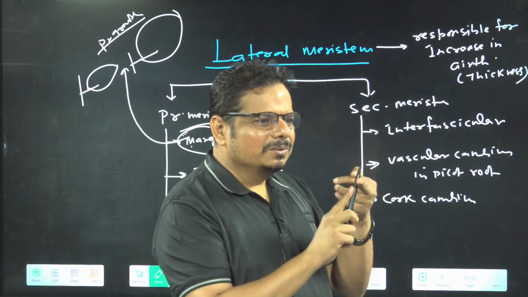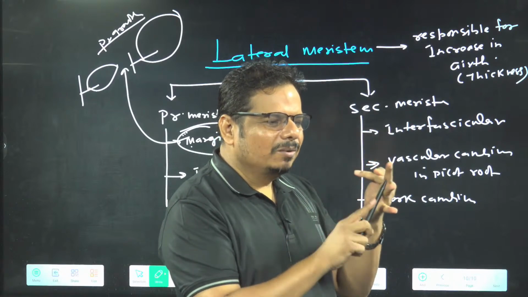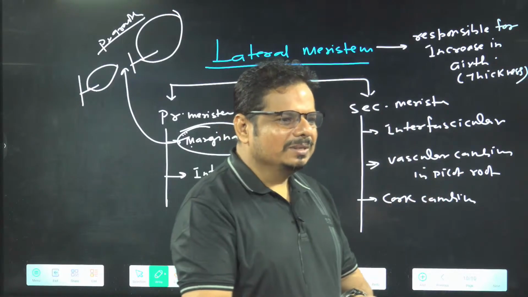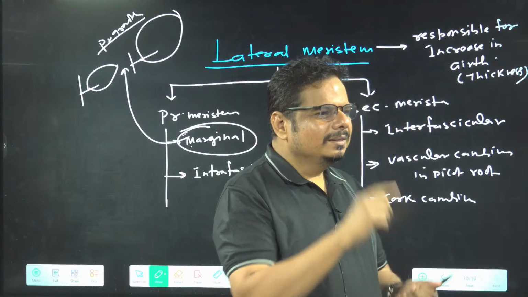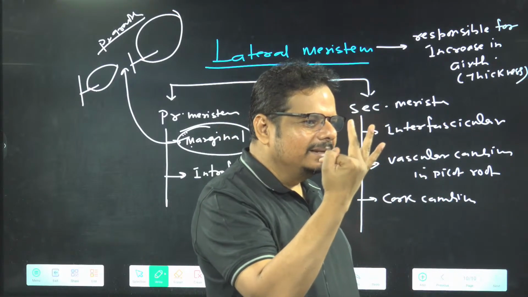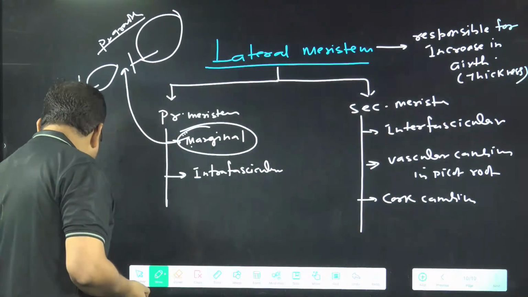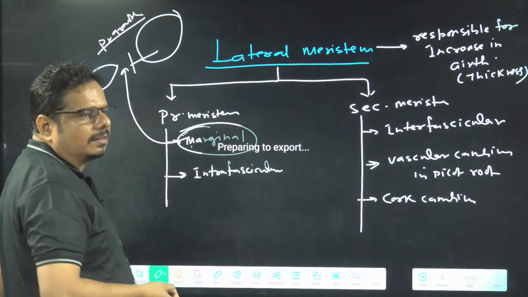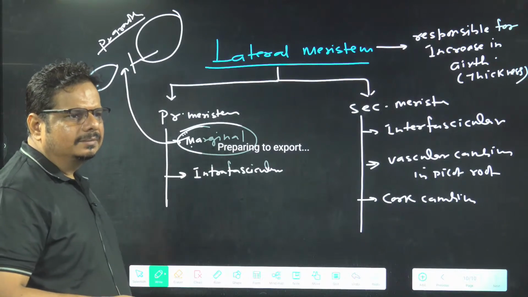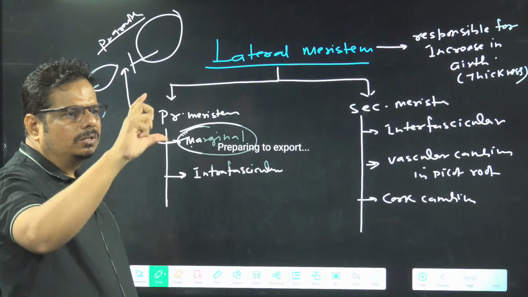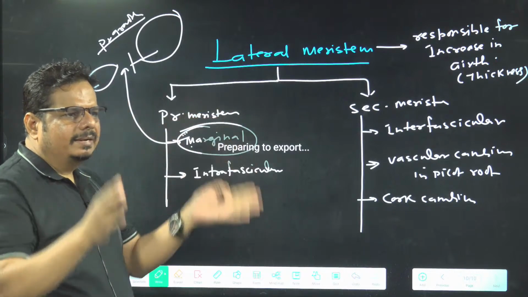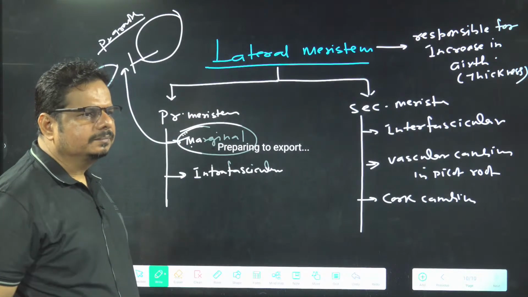Procambium gives vascular tissue, protoderm epidermis, and ground meristem ground tissue. I am just giving you the slide QR code, so every slide will come in your notebook.